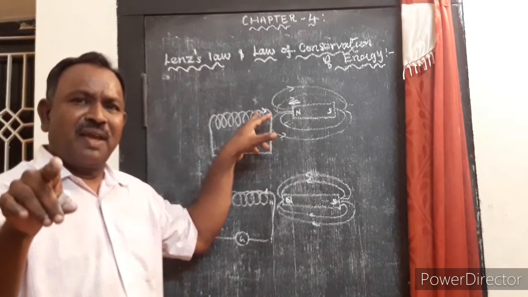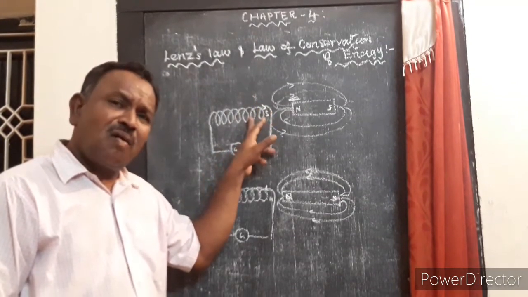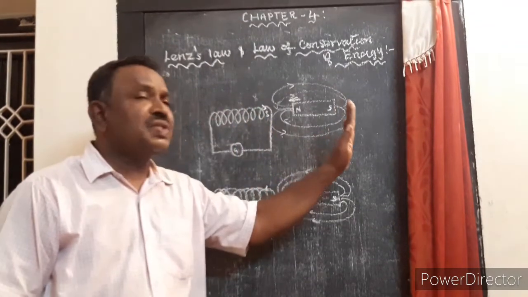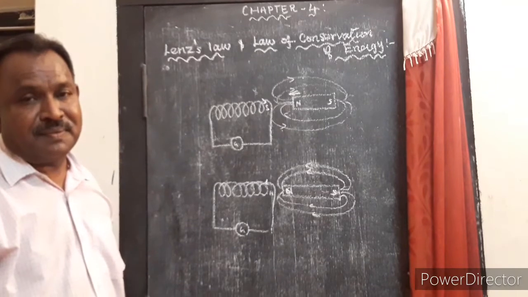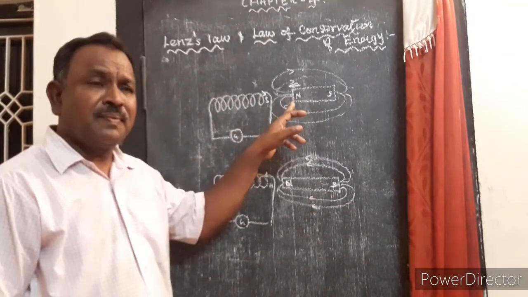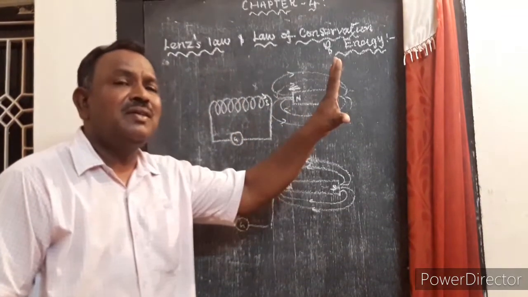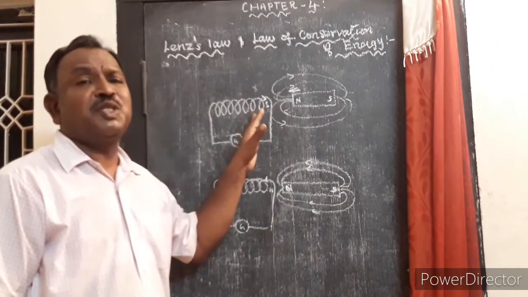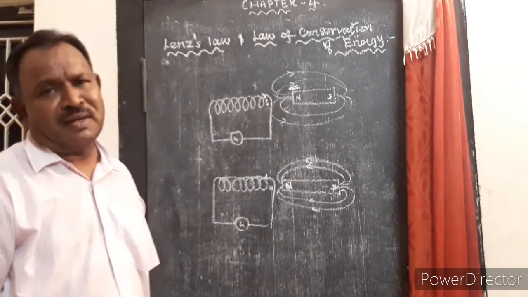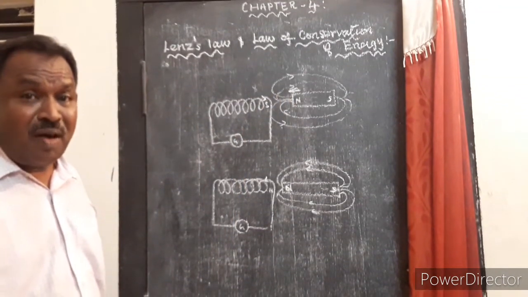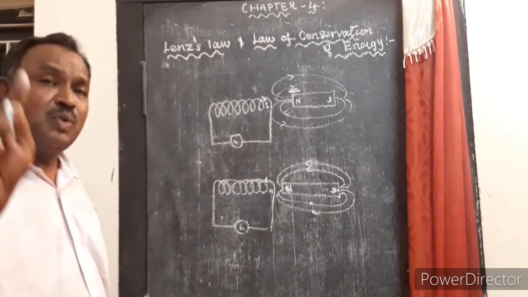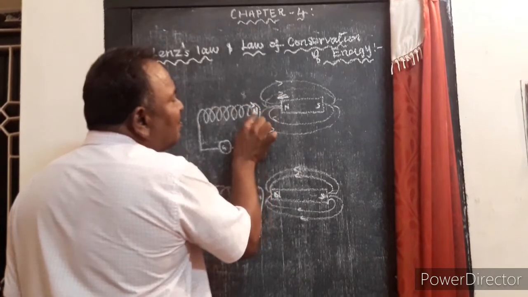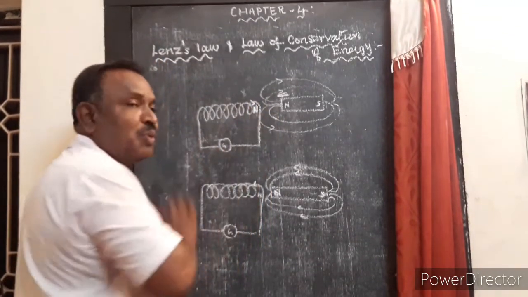Or I can say, the induced current in the coil flows in such a direction so as to oppose the moving magnet. So it exerts a force and makes the magnet not move. This opposing force must be given by the induced current. This opposing force will happen only when this end of the coil acts as a north pole.